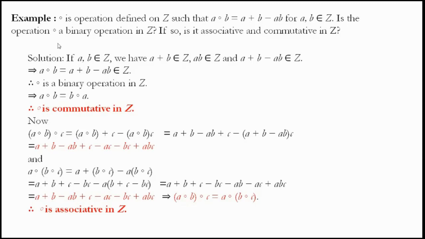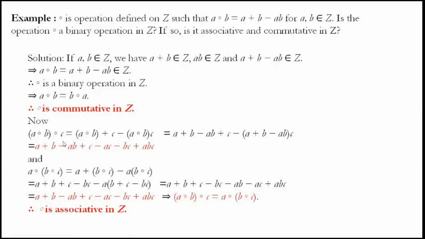Now, we'll go for (A binary operator B), whole within the brackets, binary operator C. Consider A binary operator B as some X and C as Y. Now how is it looking? X binary operator Y. What is the resultant expression? X plus Y minus XY.